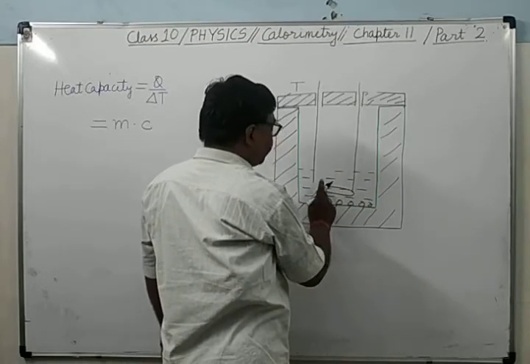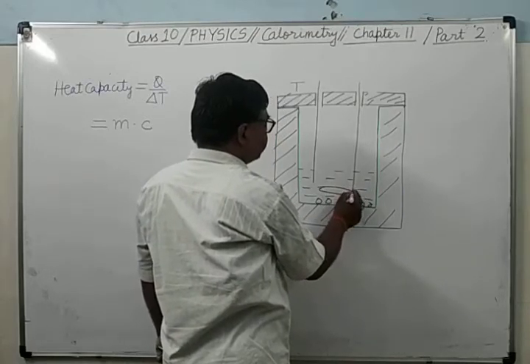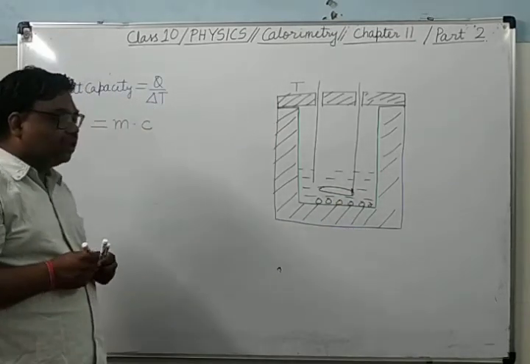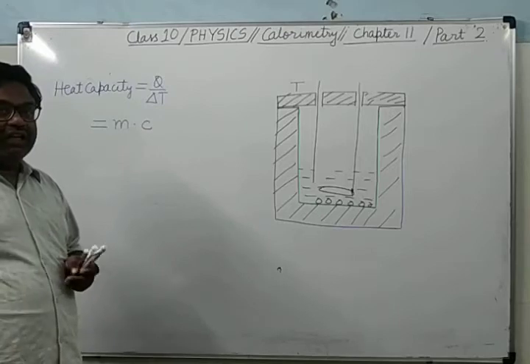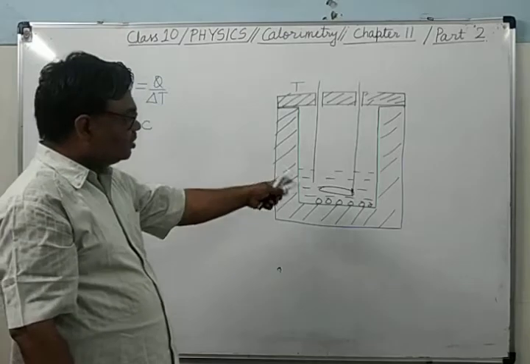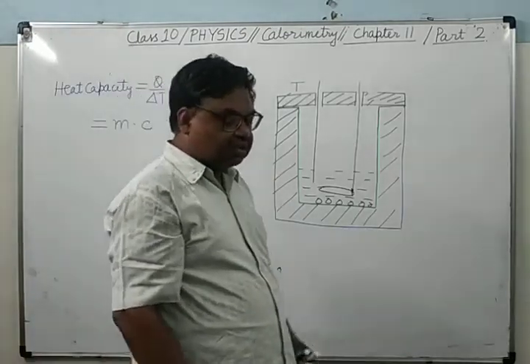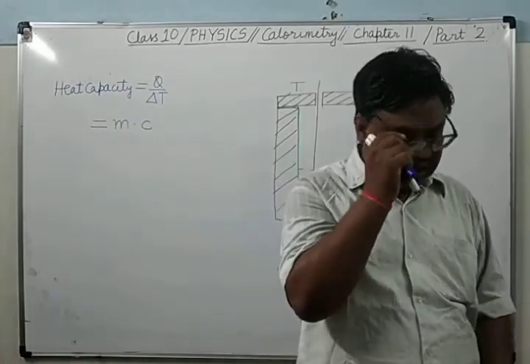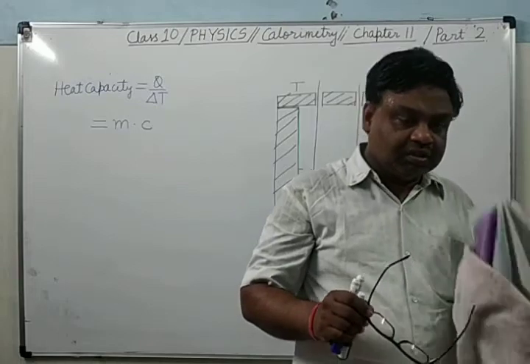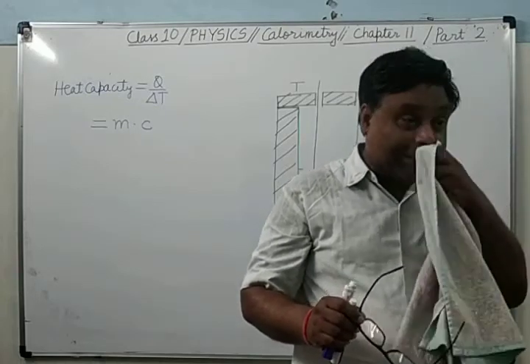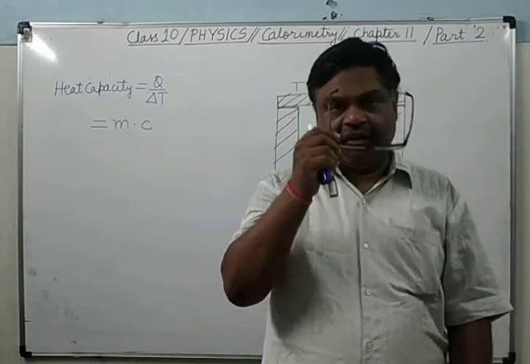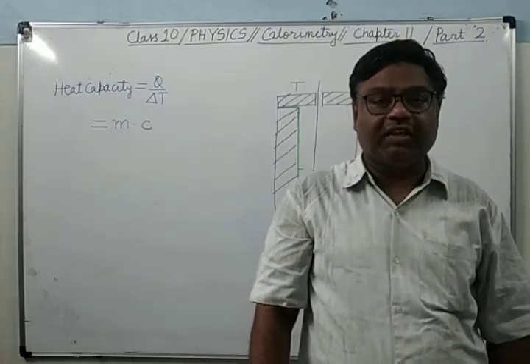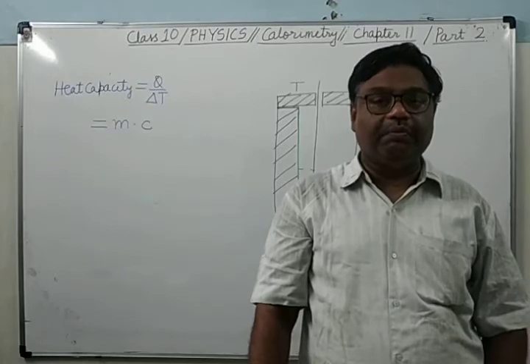And here there is a stirrer that is also made up of copper. The stirrer is used to gently stir the contents, to agitate the liquids. It will be gently stirred, not very vigorously, so that no heat energy will be produced.